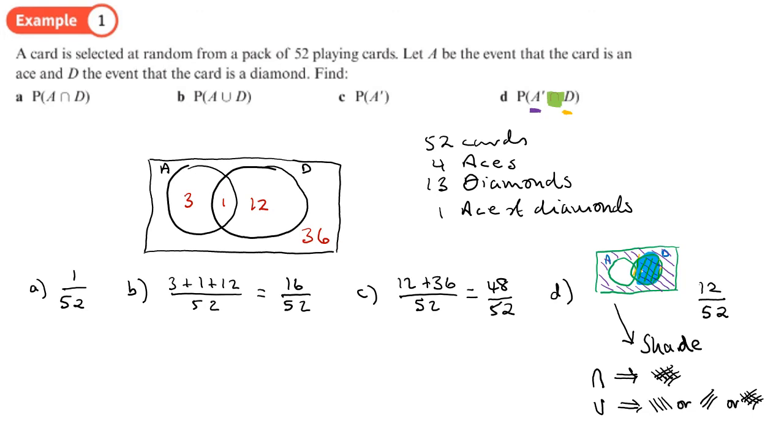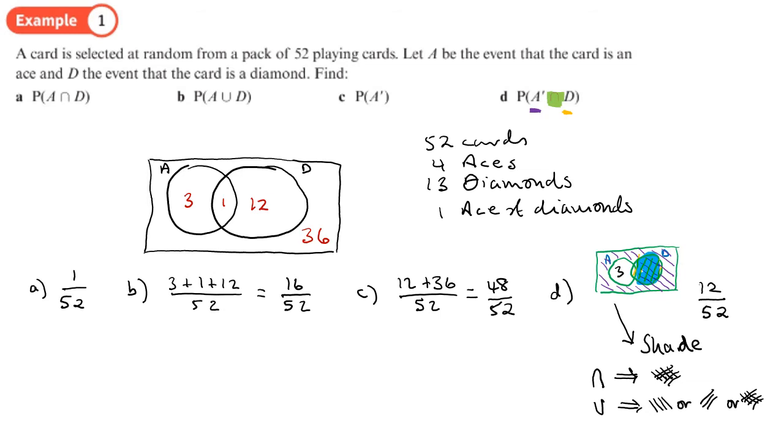So if instead this question said not A union D, then I would include anywhere in this diagram that I've shaded, which would be everywhere apart from the 3 here, and that would be 3 over 52.